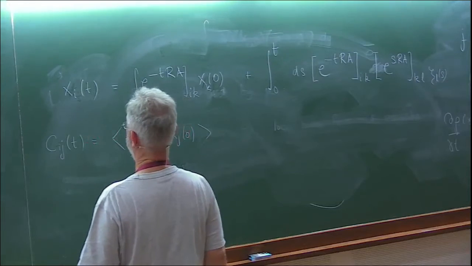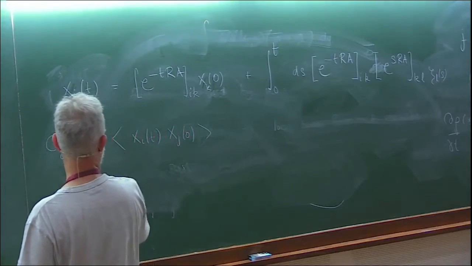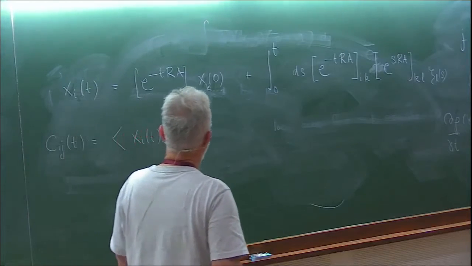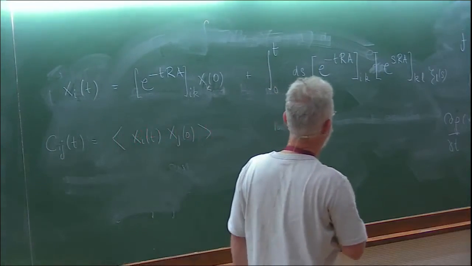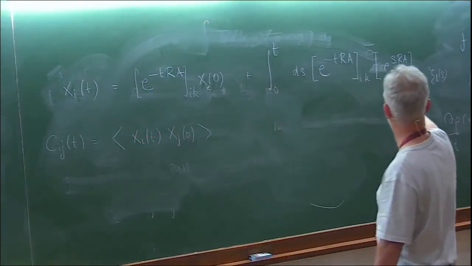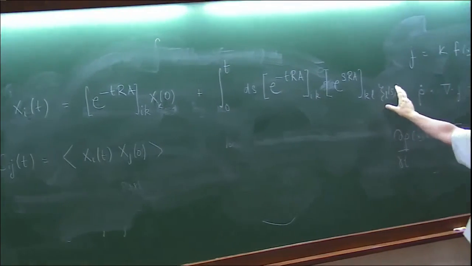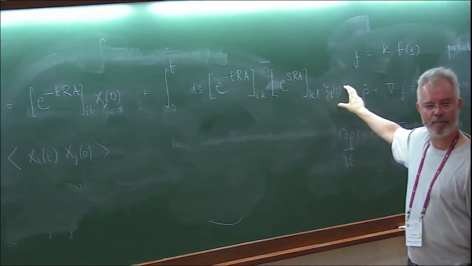In order to compute that, all I have to do is take this equation and multiply it by x_j. If I multiply it by x_j and then take the average, this Ito noise, we said, is always independent of the current state of the system, so when I take the average here, it gives 0.